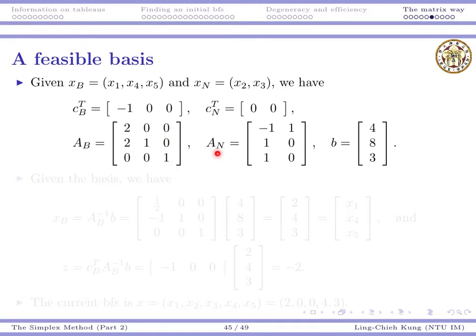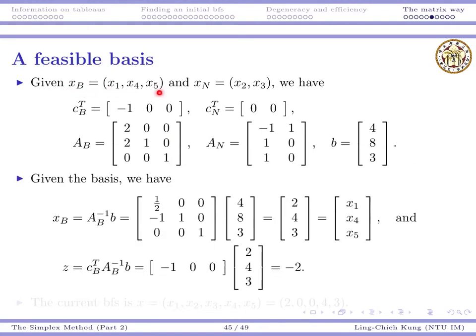For AN, I take the second and the third columns in A. CB and CN are similar. And then I can get these 5 components according to the original program.